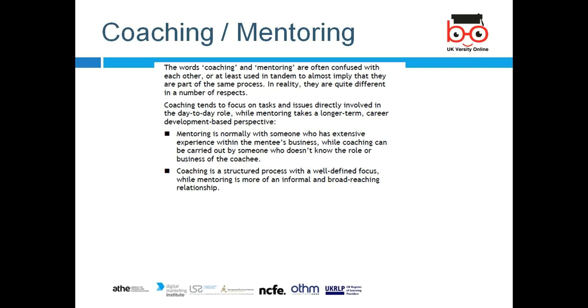You guide them because you have extensive experience within the mentee's business. Coaching can be carried out by someone who does not know the role of the business of the coachee before, because coaching is all about the structured process they follow, which is set by the organization. A mentor you can set up yourself. A mentor can be voluntary, but a coach can be paid.